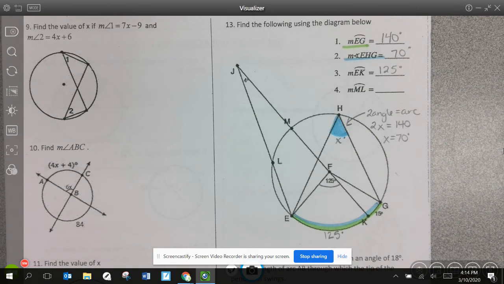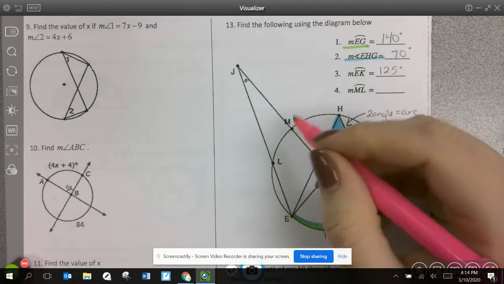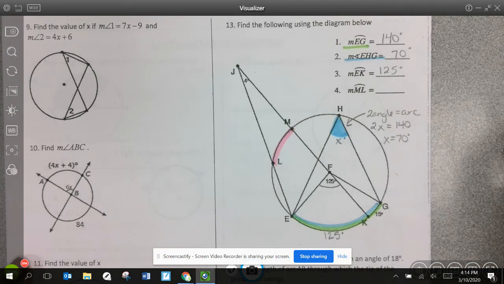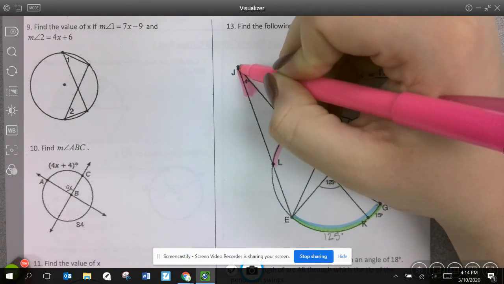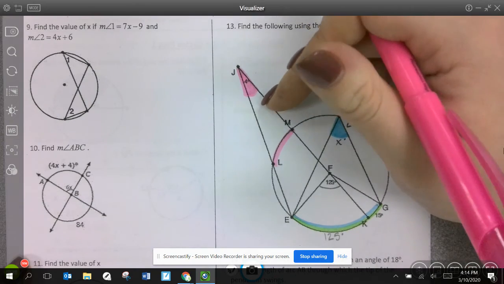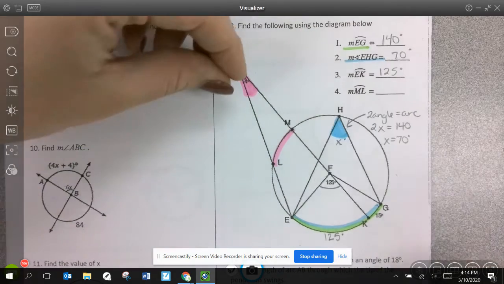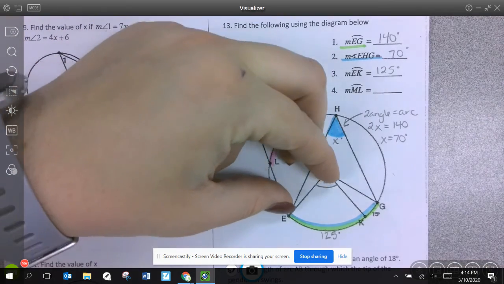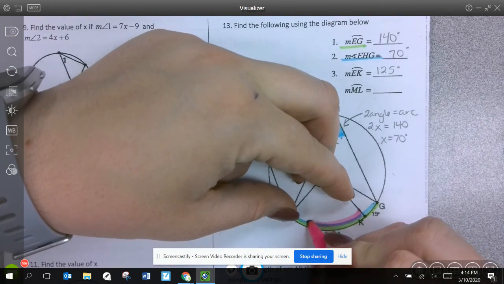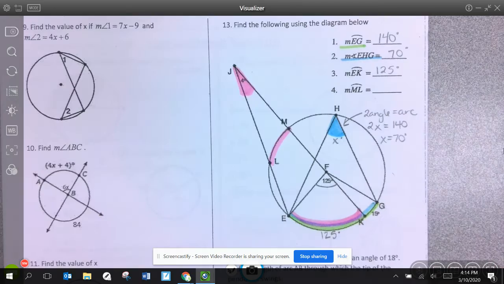But when it comes to the next question, which is arc ML, we got to use some other information. ML is right here. It's created by this angle, which is exterior to my circle. So it's created by this one, and if it's exterior, there's this arc, but there's also this arc right here, the EK that we talked about.